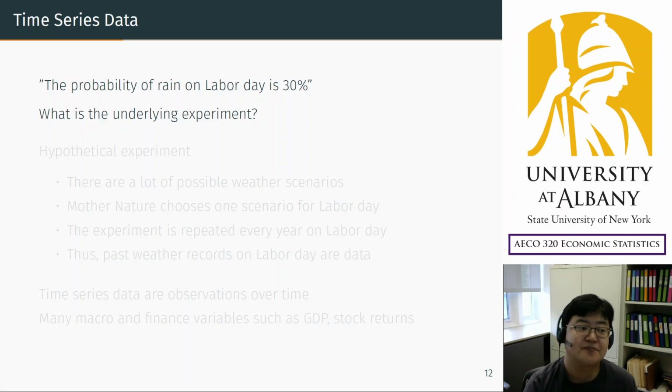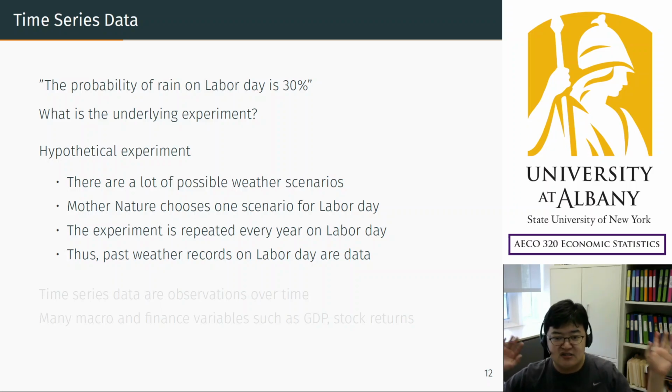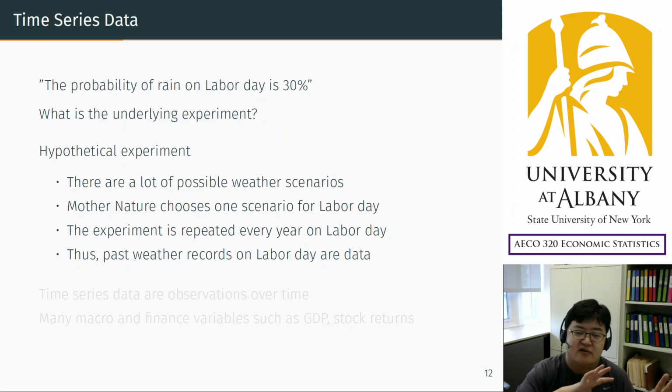Yes, it's weird, and we need to imagine a hypothetical experiment. So put it this way. There are a lot of possible weather scenarios: how the wind blows, where the clouds are, and what the temperature is. So there are different scenarios, and someone, say God or Mother Nature, chooses one of the scenarios for Labor Day, right?